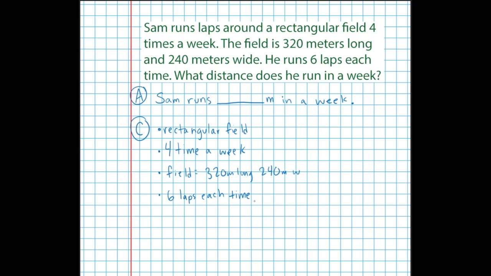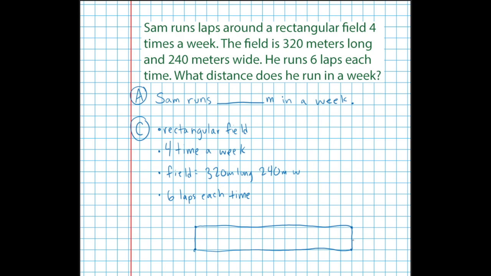And as always, I'm going to use a rectangle. Make some little dots here to help me make a straight rectangle. Hopefully it makes its way to that dot. Oh, yep. Okay, there we go. And then it says 4 times a week.